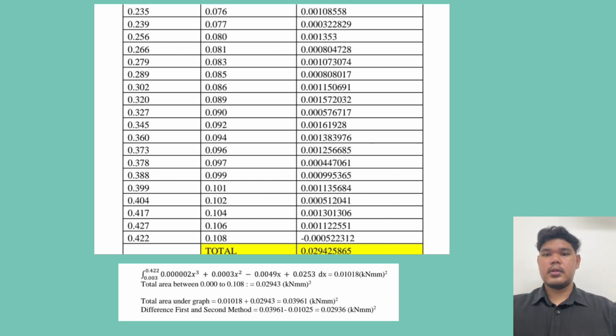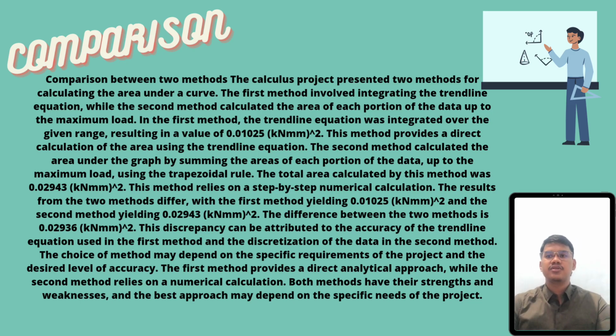Total area between 0.00 and 0.108, we get 0.02943 kilonewton millimeter square. Total area under the graph, we get 0.03961 kilonewton millimeter square. The difference between the first and second method, we get 0.02936 kilonewton millimeter square.